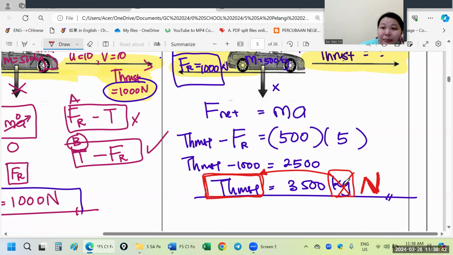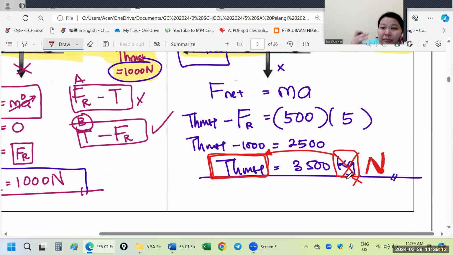Because last year when I marked your answers, many students forgot to write the unit or wrote the unit wrongly. You count everything with so much effort, finally wrong. Ai, kesian. Not only you, Form 5 also. In the Form 5 trial when I marked, some students still wrote the wrong unit, then the marks are gone.